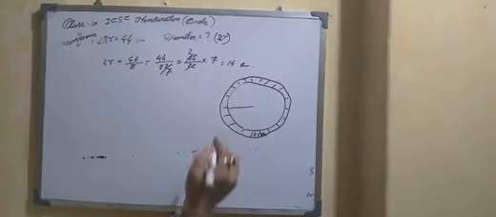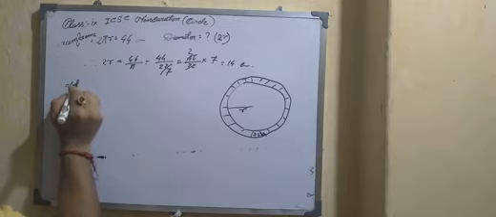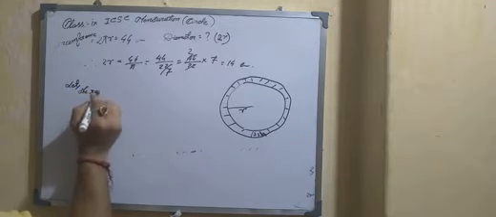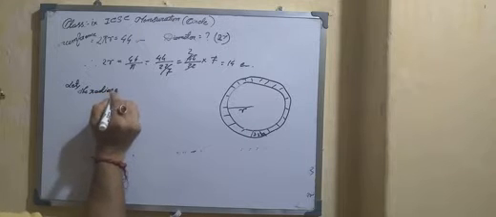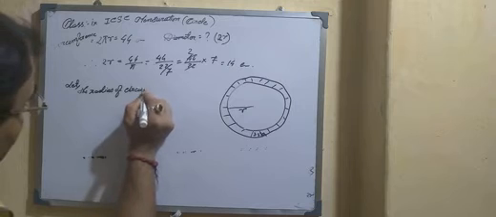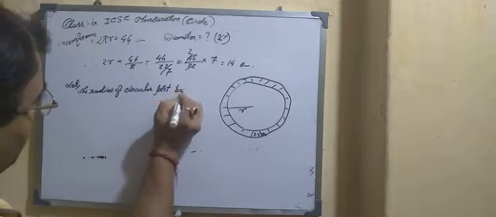Okay, now let the radius of the circular plot be R.